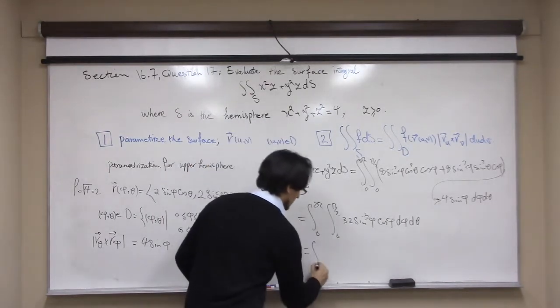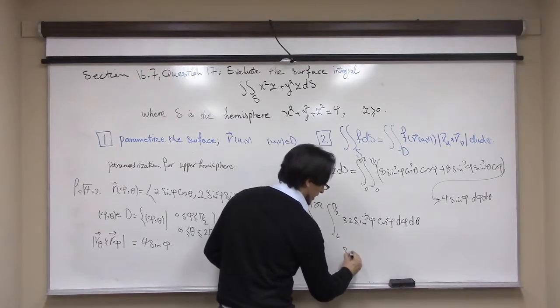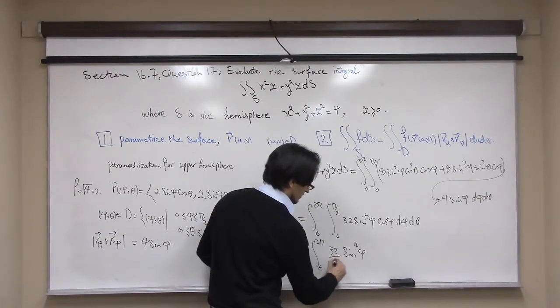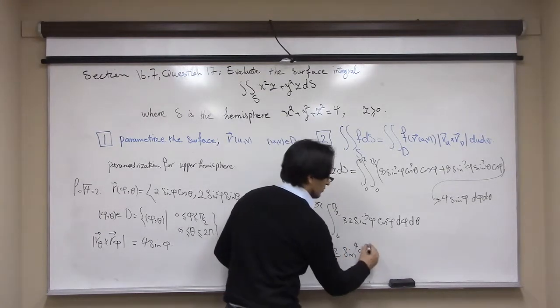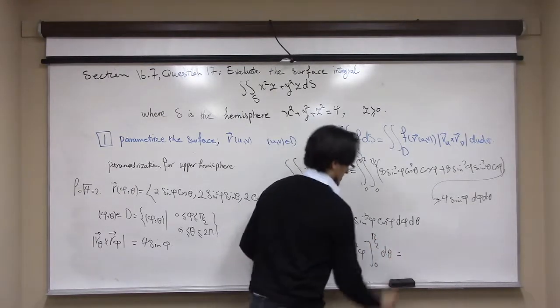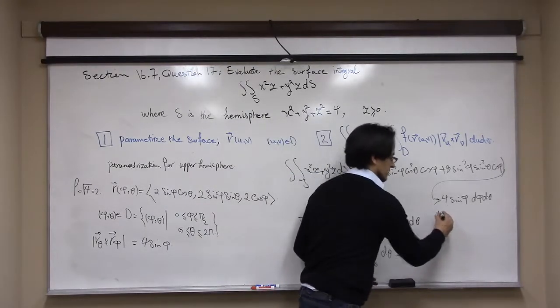If you integrate that, the antiderivative of this guy is going to be sine to the power 4 phi, 32 divided by 4, and then you go from 0 to pi over 2. In other words, I use this substitution.